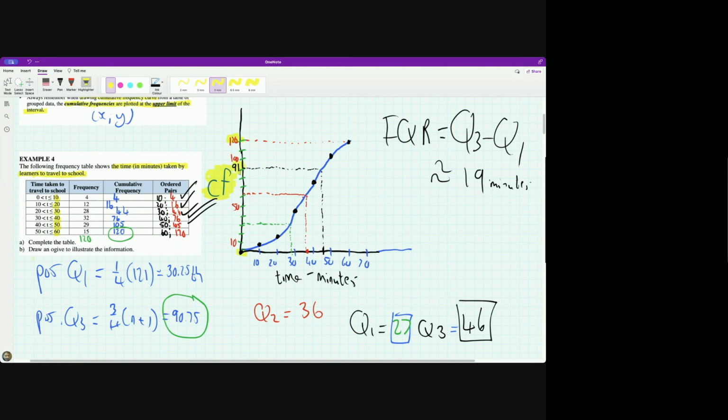These are the two values that are important. So if you want to work out how many students take longer than 46 minutes, all you need to do is go, well, there are 120 students in total. That's this value here. We know that 91 students take less than 46 minutes. So what is going to be left? And since I'm clearly a bit tired, I'm going to use my calculator. We get 29 students.